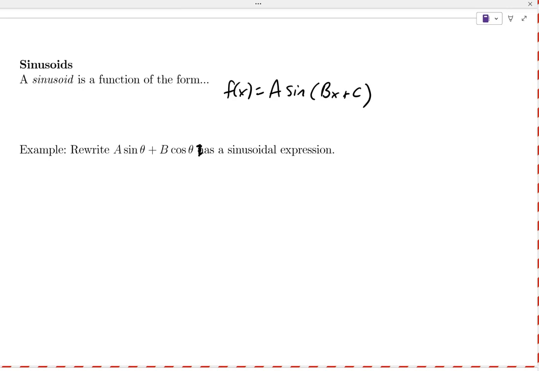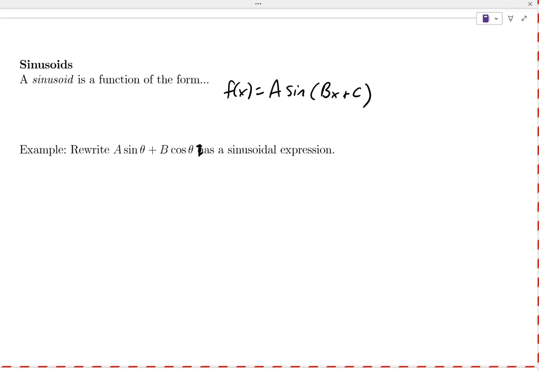But I want to rewrite this as a sinusoidal expression. So what I mean is that I want to try to combine this together to make it look like this form. I want it as sine of a sum of things. That makes sense? That's what I'm trying to get to.